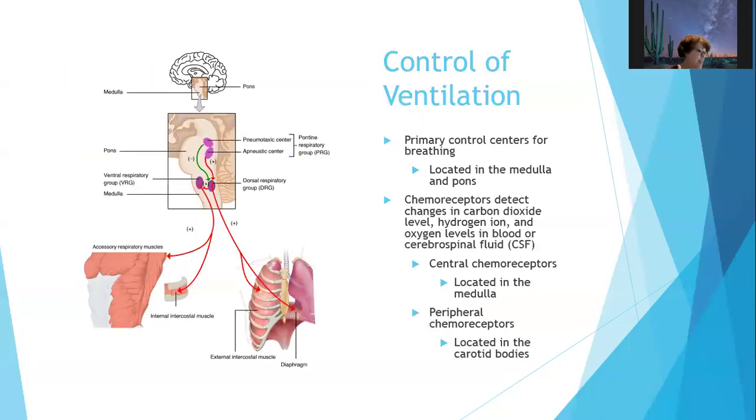So our ventilation is controlled by breathing centers in the brainstem, in the medulla and the pons. Chemoreceptors detect changes in carbon dioxide level, hydrogen ion, and oxygen levels in the blood and cerebrospinal fluid, and the central chemoreceptors are located in the medulla.